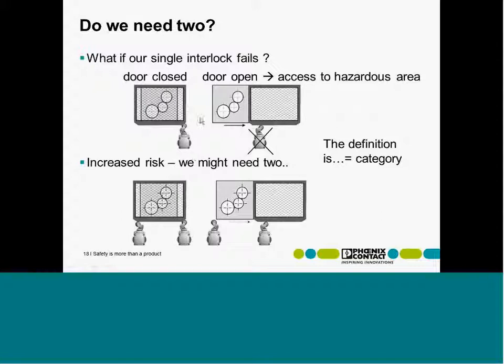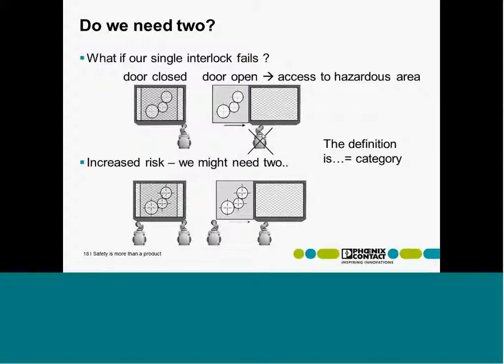Let's say it has a positive opening actuation, as you see it here. Then as we open the safety door, this will stop the movement because the interlock switch is actuated. But we cannot exclude a failure, such as worn-out parts on the actuator or broken actuators. It's something we need to take into account.